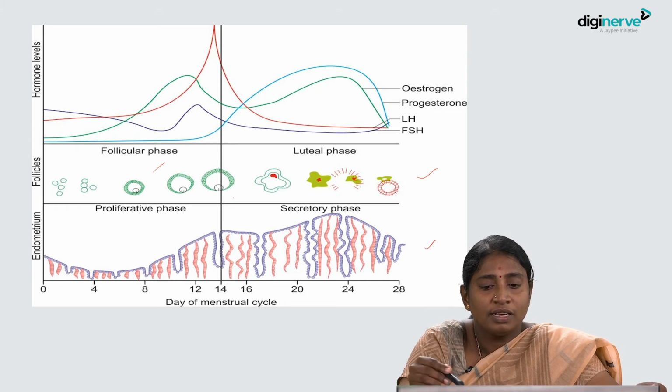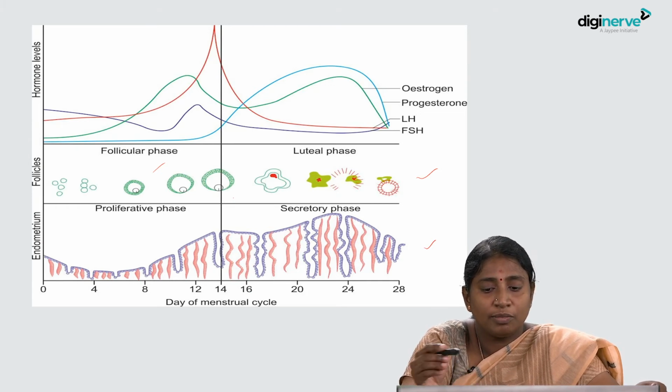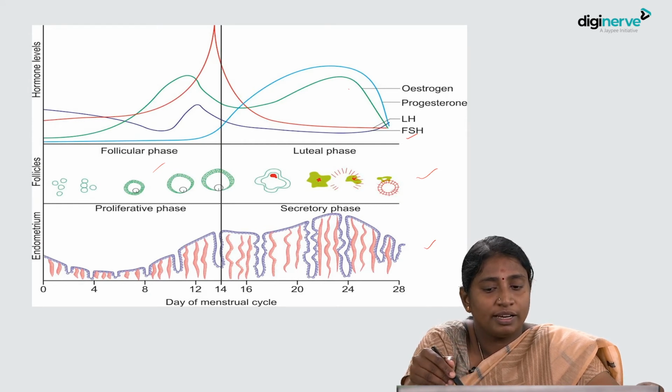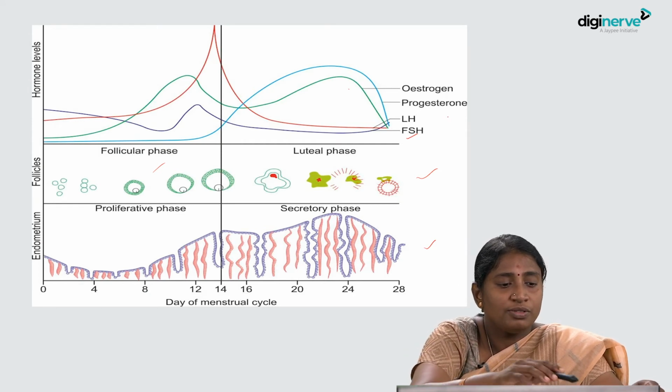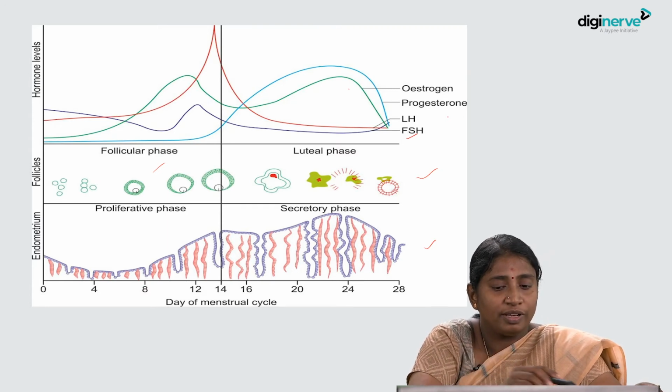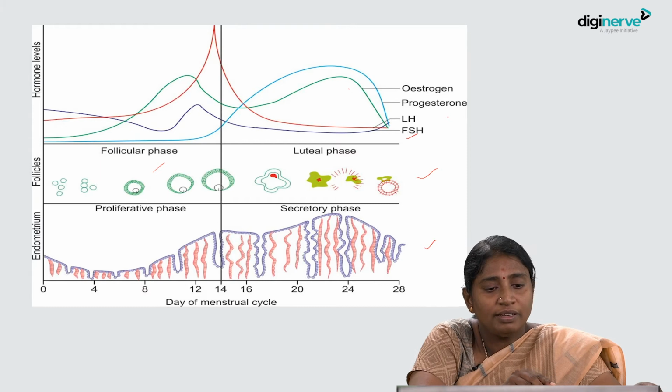If you see, the red color marks LH, the purple color marks follicle stimulating hormone, green marks estrogen, and blue again shows progesterone. As you see in this cycle, from this follicular and proliferative phase, there is a slow increase during the process of follicular recruitment.